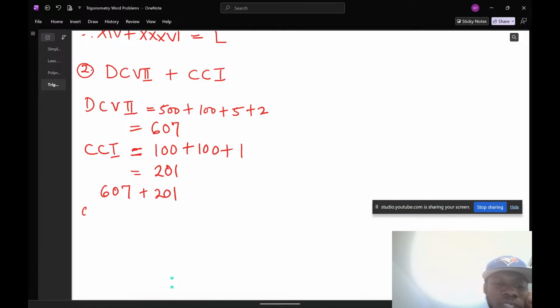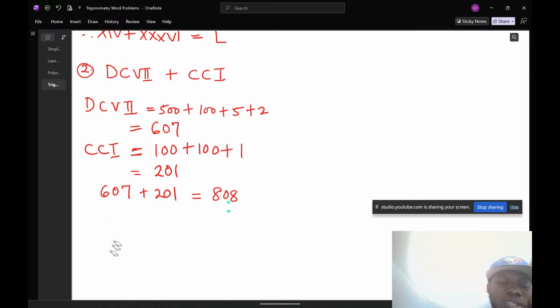So now let's write it here. 607 plus 201. 7 plus 1 is 8. 0 plus 0 is 0. 6 plus 2 is 8. So 607 plus 201 is 808. Now let's convert 808 to a Roman numeral.